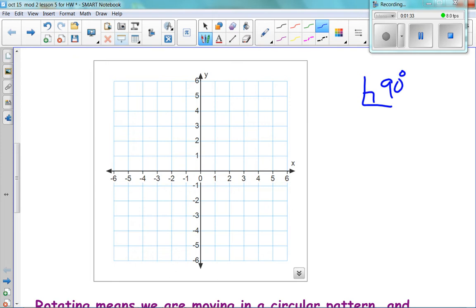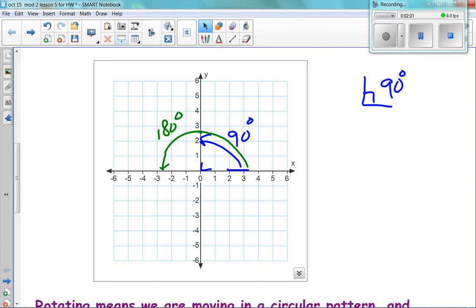So if we start on the x-axis and we rotate to the y-axis, we've just created a right angle, which is 90 degrees. Let's rotate again from here, from the y-axis to the x-axis. That's another 90 degrees, or together, it's 180 degrees. Notice we're going in a counterclockwise direction.